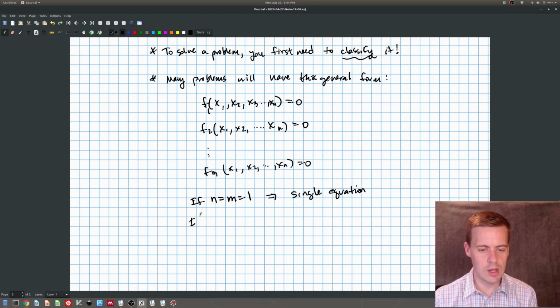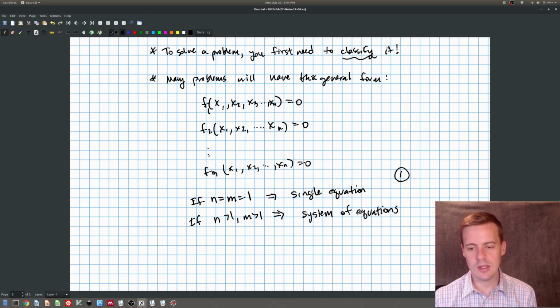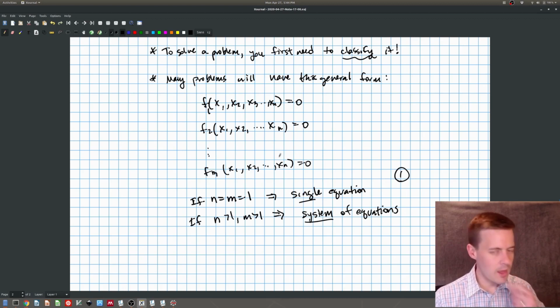If, on the other hand, n is greater than 1 and m is greater than 1, I'm going to have a system of equations. So our first distinction, thing 1, is single equation versus system of equations. So I did a system here, but it could just be a single equation if I don't have all these others. So that's thing A in terms of our classification.